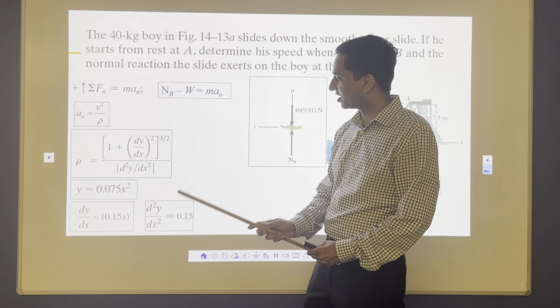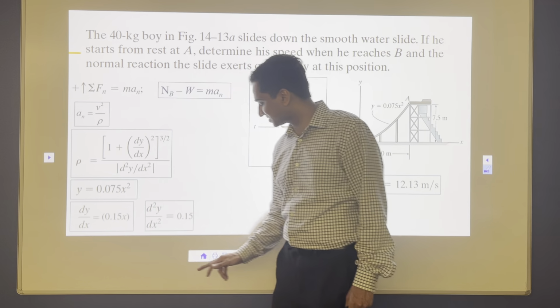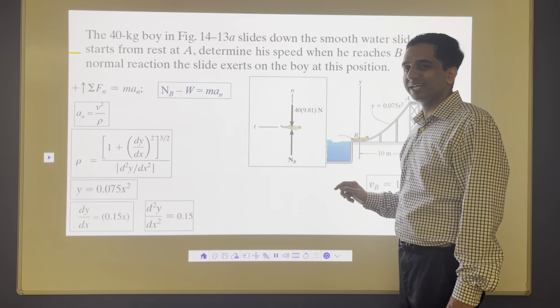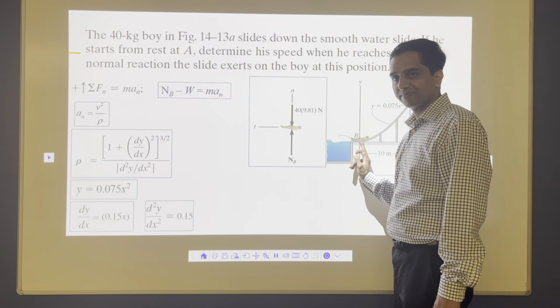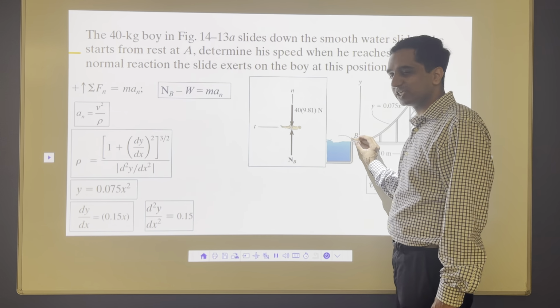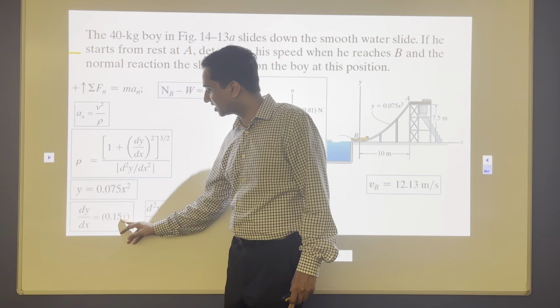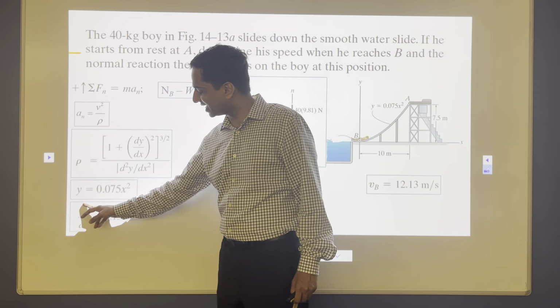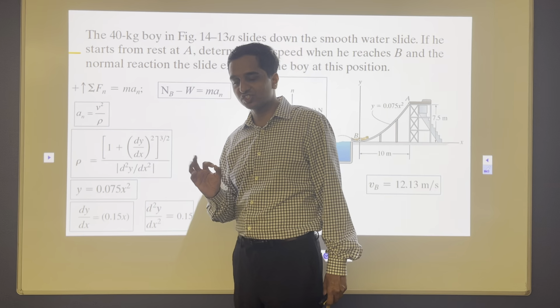Now what's happening here? The value of x at this point is 0. This is the origin 0, 0. So x is equal to 0. I am going to plug x equal to 0 in here. So dy by dx, the entire term will become 0.